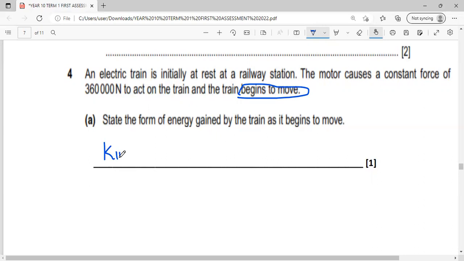Is it chemical energy, thermal energy, gravitational potential energy, or kinetic energy? We all know very well that it is kinetic energy, since it has been stated here that the object is in motion. So you just write kinetic energy here, and you get your full mark.